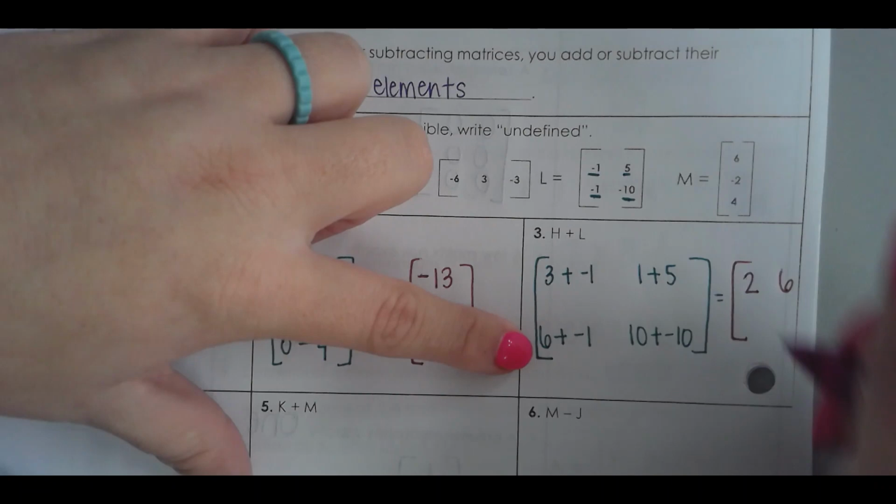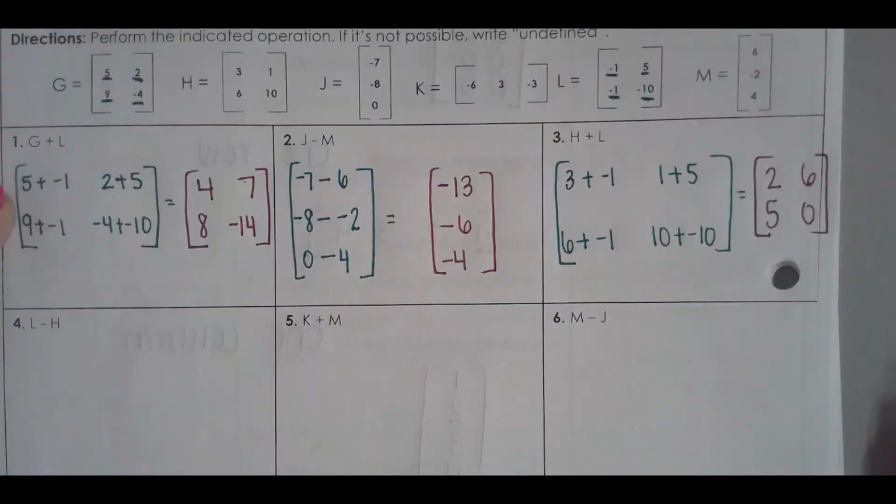All right, I want you to do 4, 5, and 6. If it can't be done, you can just say so. Do it where possible.